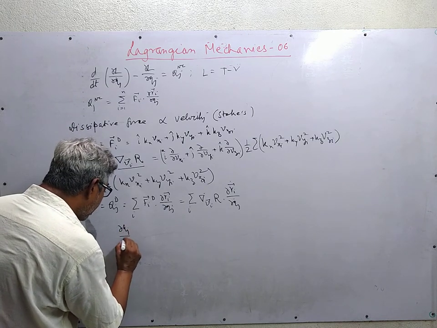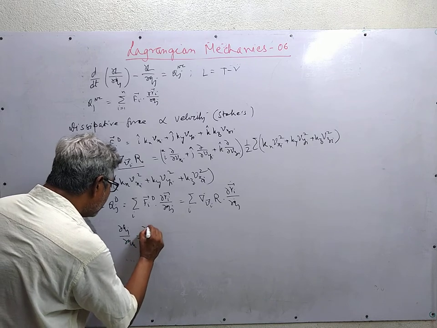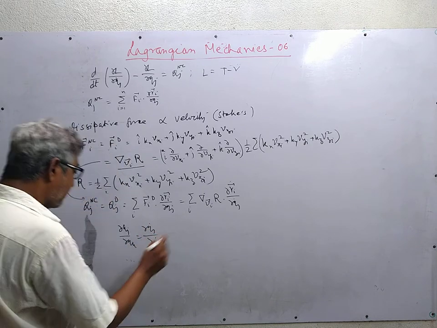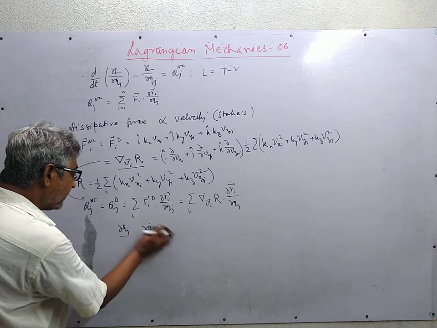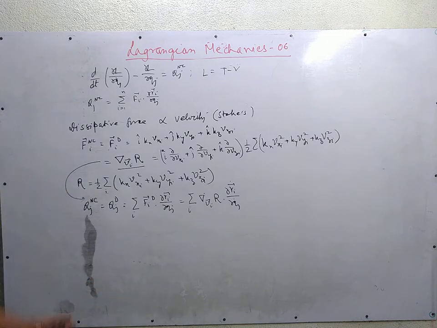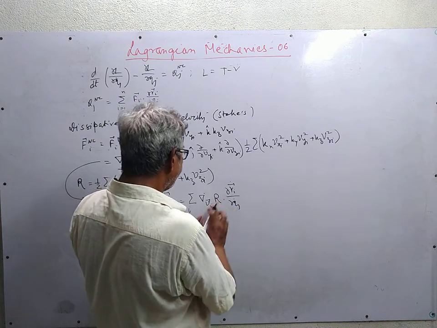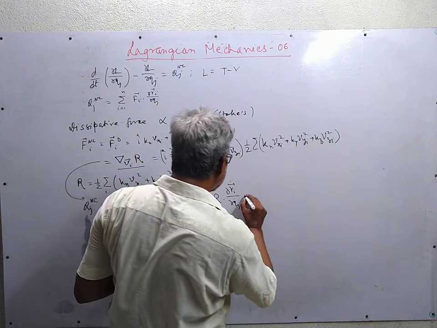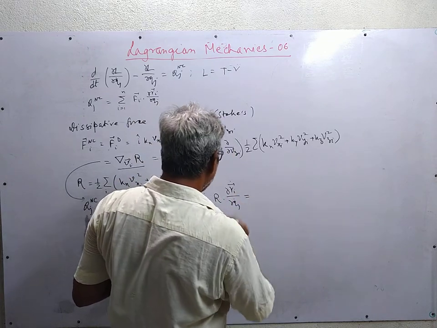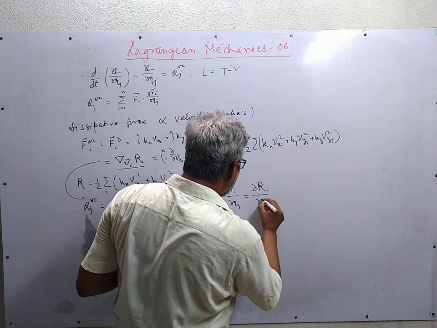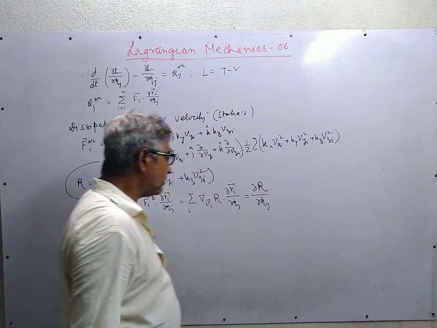This is nothing but the velocity dependence. So when summed over i, this becomes del R del Qj dot.